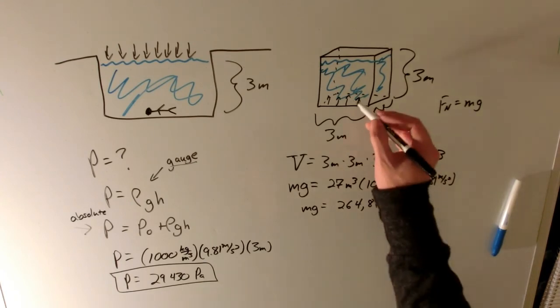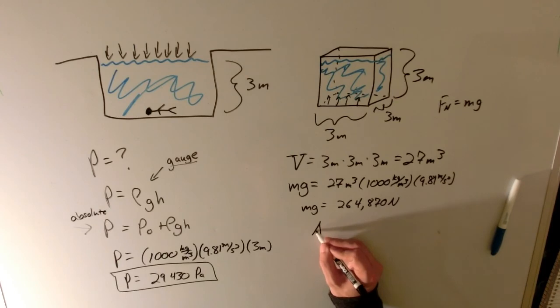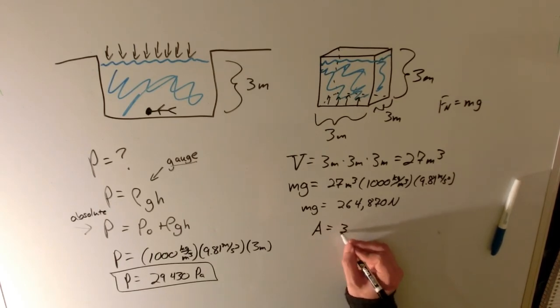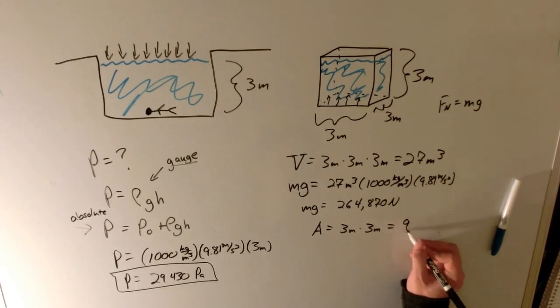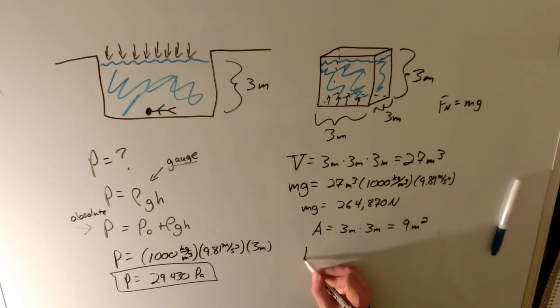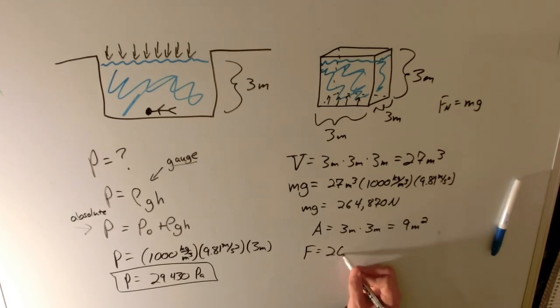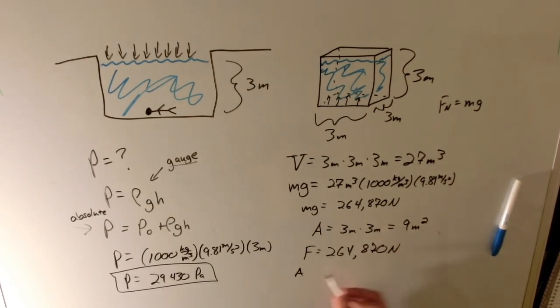And so we've got a force applied over an area, the bottom of this pool. Well, the bottom of the pool is nothing more than 3 meters times 3 meters. That gives me 9 square meters, right? Okay, well, I know that my force is equal to 264,870 newtons. I know my area is 9 meters squared.